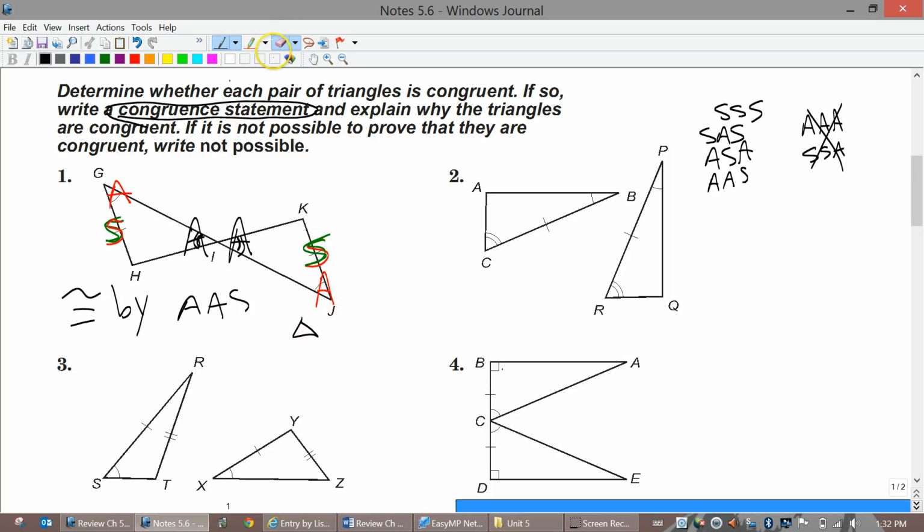So I'm going to erase my letters on it so I can see the marks a little better. If I say angle I in the first one, which angle does that match to in the other triangle? I. Right? And then I say G in the triangle on the left, so which angle matches up with G on the right?